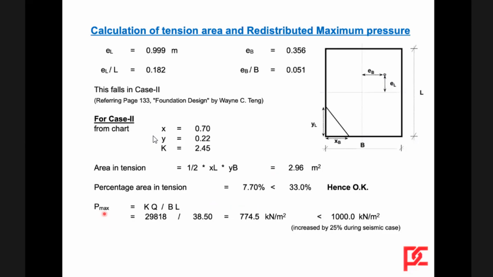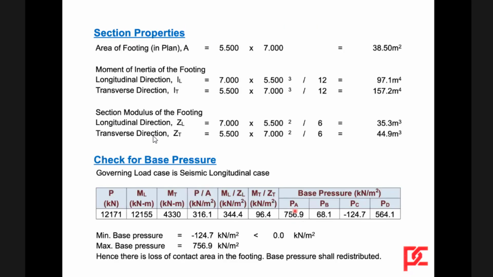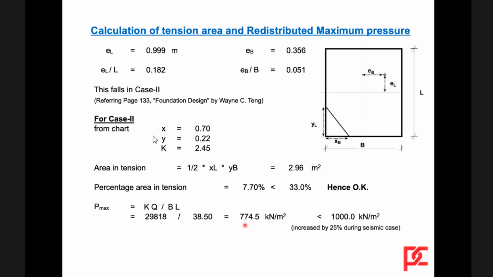And we find that because of the loss of contact of 7.7%, the maximum pressure is becoming 774 against earlier 756. That is less than 1000 kN per square meter, which is allowed on the rock of that strata we have taken. So this is the way a typical foundation sizing is done.